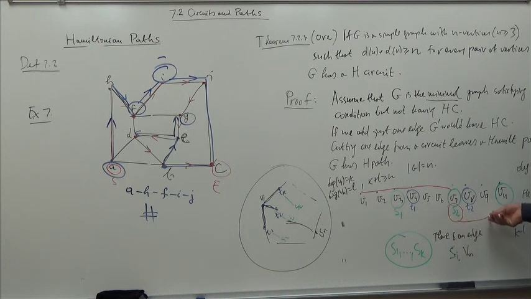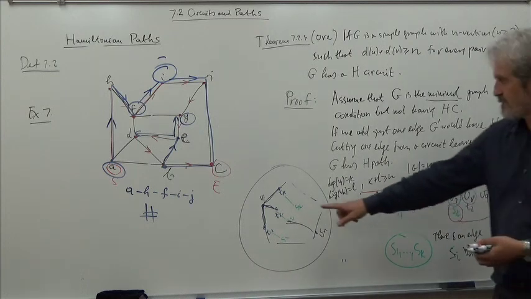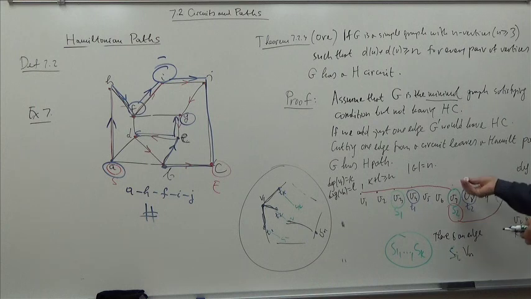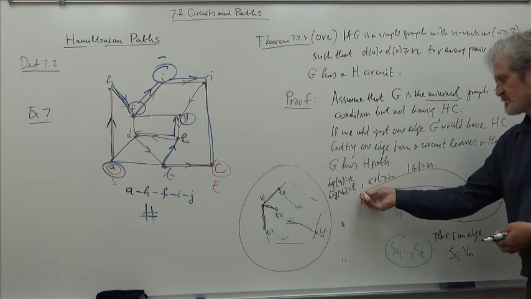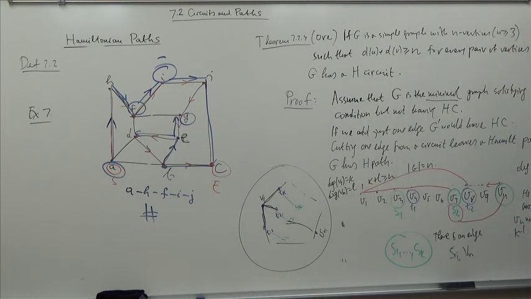Then from Si we jump to Vn because there is a connection between them, and then we reverse the path backwards. So we go backwards until we reach the neighbor of V1, which is T. And that T, by assumption, is connected with V1, so from there we just jump there, and we get back to V1.